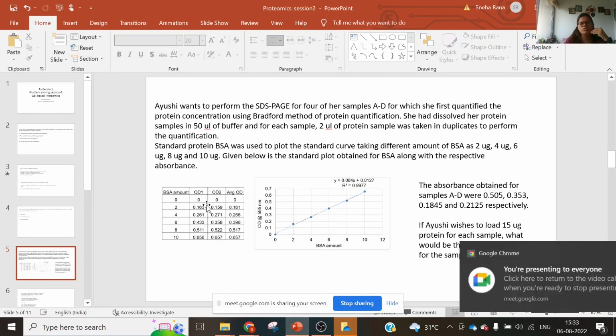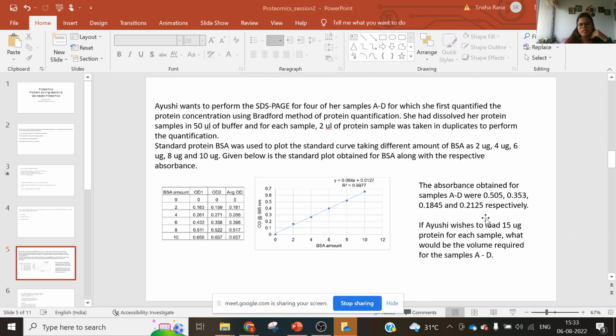Okay, so from this equation, you can find the value of X, that is the value of protein. Also see this sentence. She had dissolved her protein sample in 50 microliter of buffer, and for each sample 2 microliter of protein sample was taken in duplicates to perform the quantification.